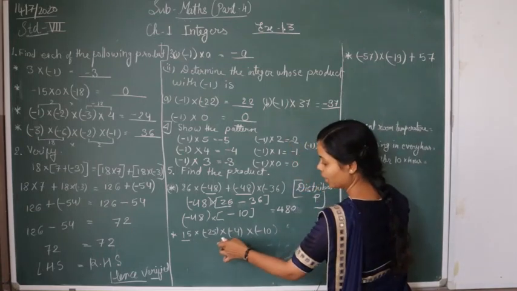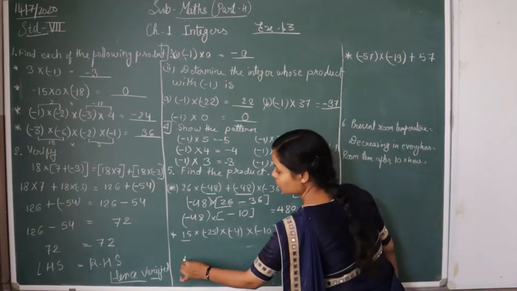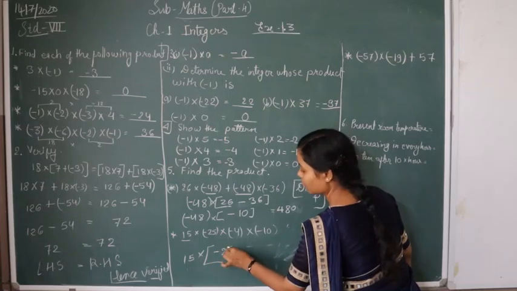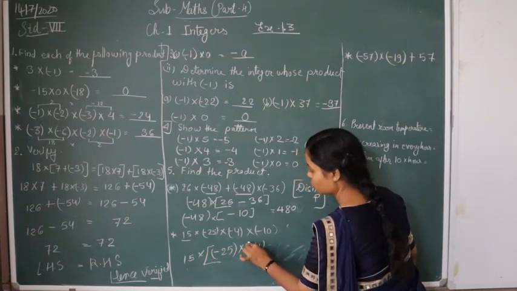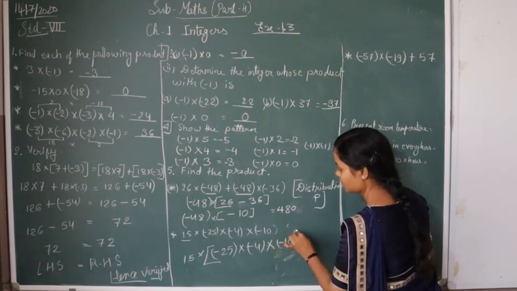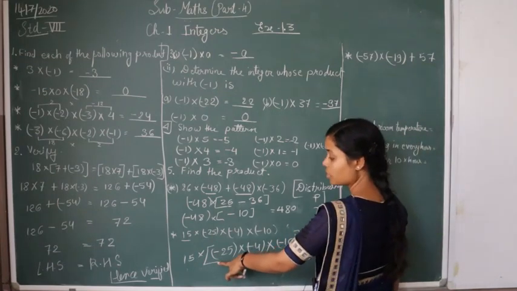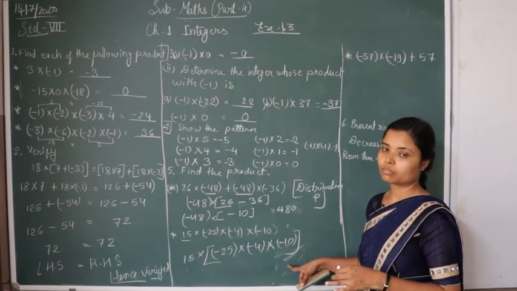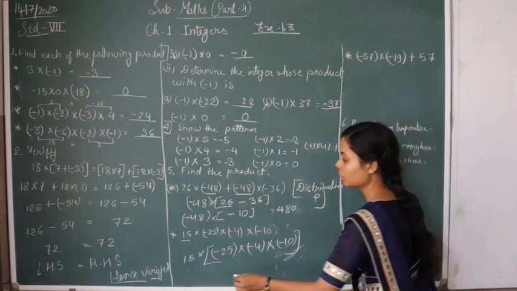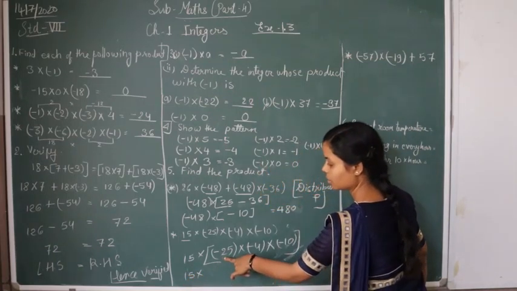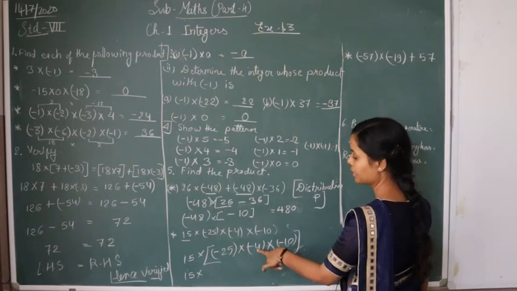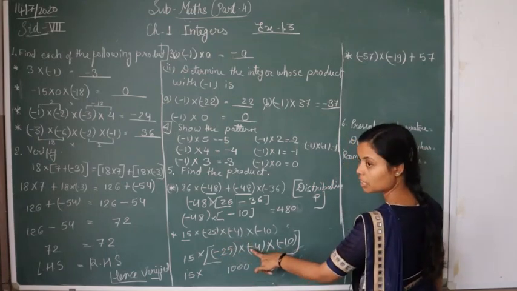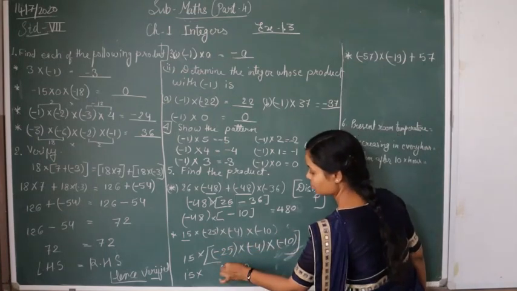Now come to the next. There is one positive and 3 negative integers. So we will take all the negative integers in a bracket. Minus 25 multiplied by minus 4 multiplied by minus 10. Firstly we multiply all the negative integers which are in the bracket according to the BODMAS rule. So 25 multiplied by 4 is 100, 100 multiplied by 10 is 1000, and the symbol is minus minus plus, and plus minus minus.